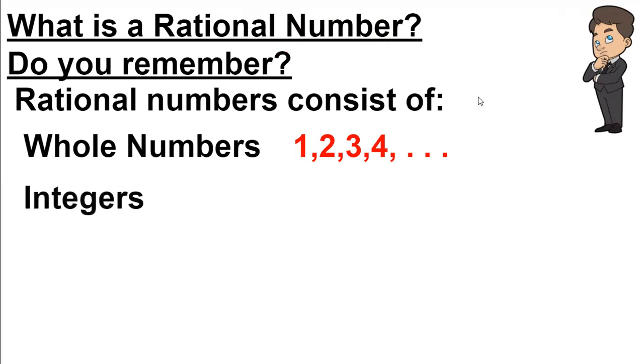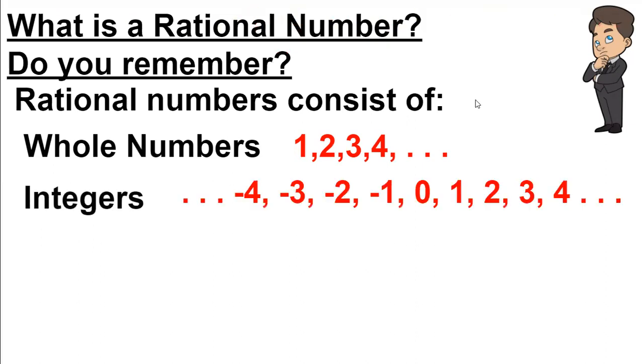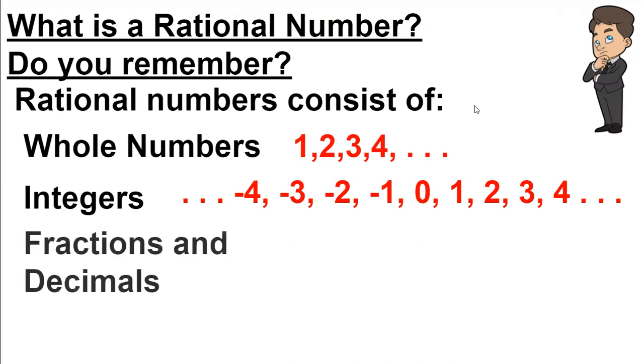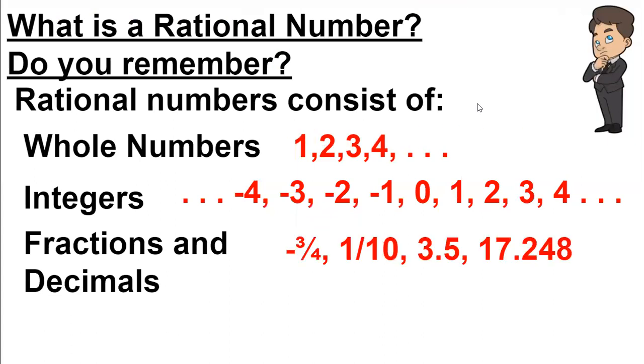Those are the positive numbers, but also the negative numbers, so they include the negative whole numbers as well. And rational numbers also consist of fractions and decimals. They consist of negative fractions, negative decimals, positive decimals. They're all the in-between numbers on the number line.